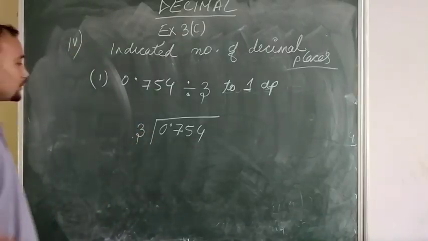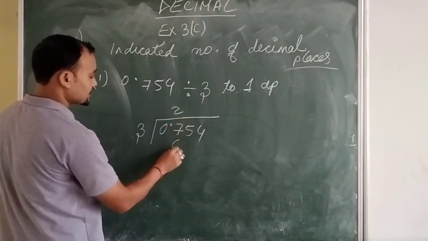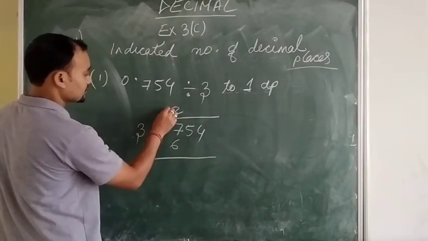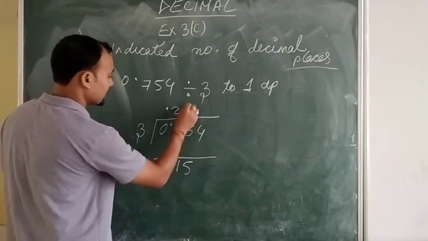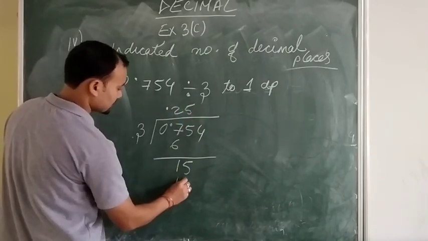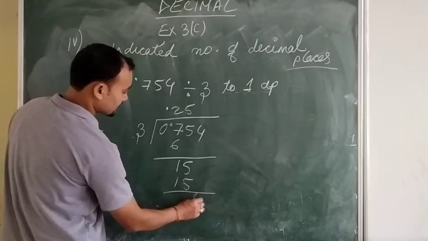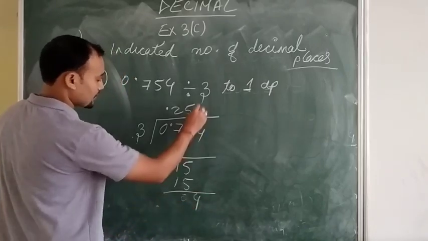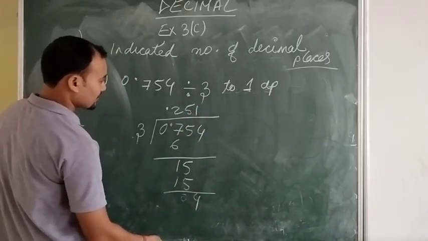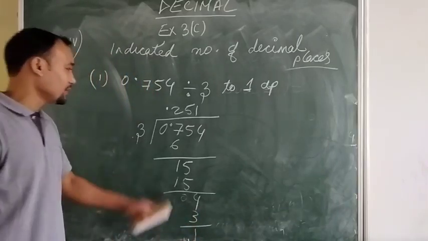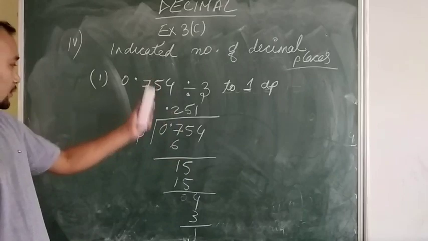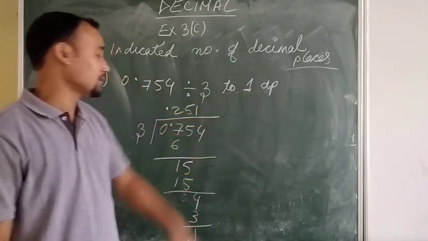Simply dividing. 3 twos are 6. Decimal. 15. 5 threes are 15. 4 coming down. Then 0, 1 you put 3, remainder 1. We need not calculate too many digits, they are only asking for one decimal.